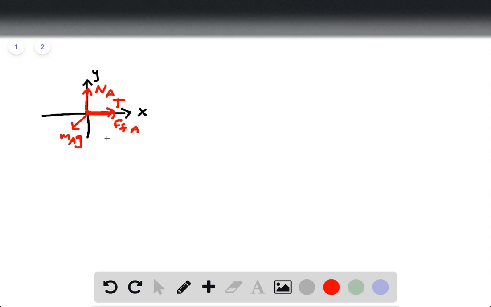And we want to figure out what this angle is here in terms of the angle for the ramp. So this is the surface of the inclined plane. This is perpendicular to it, and this is going straight down.